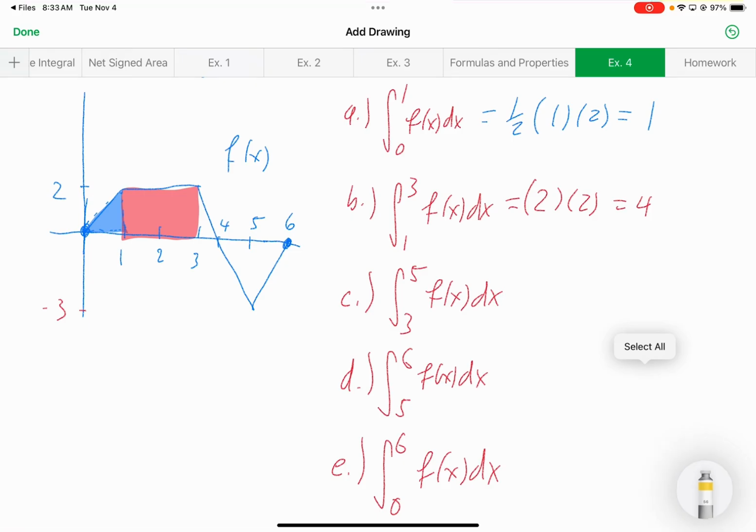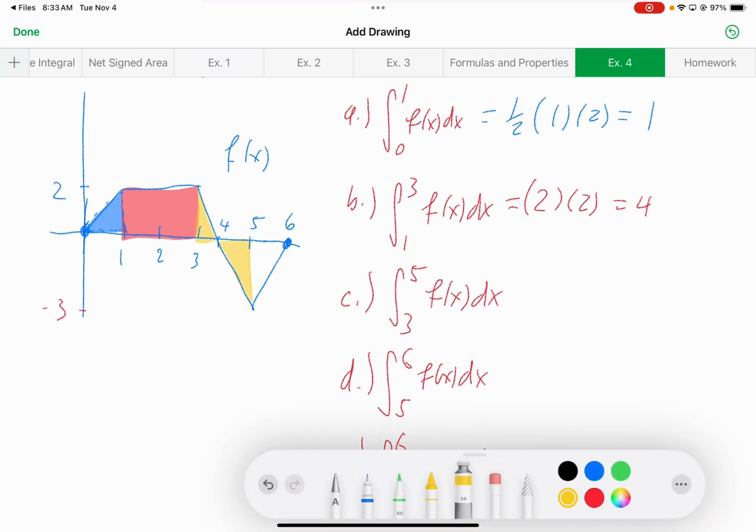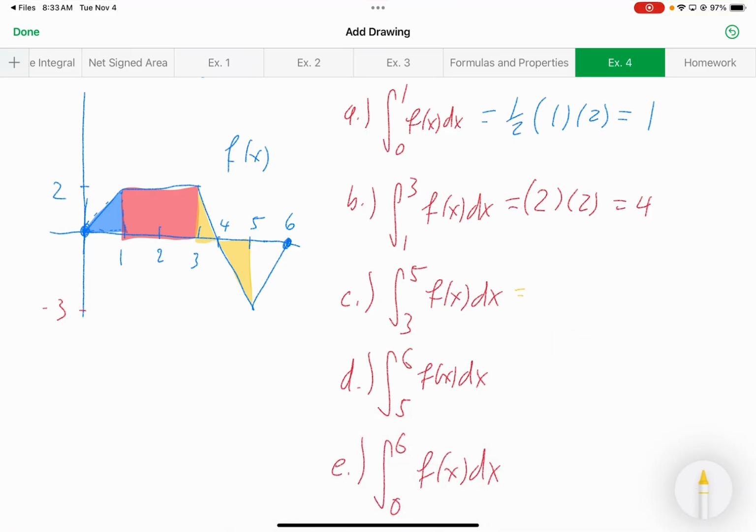All right, and then we're going to do the integral from 3 to 5. So that's this area as well as this area. So I'm going to have two triangles there, right? Some positive and some negative. Okay. All right, so my first area is going to be 1/2 a base of 1 times a height of 2.